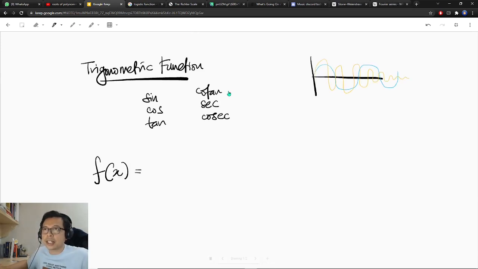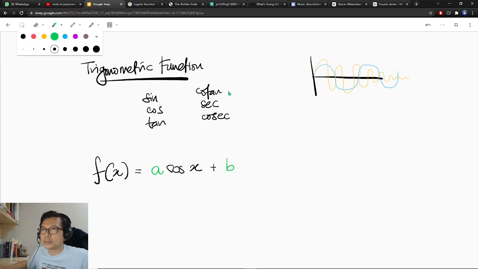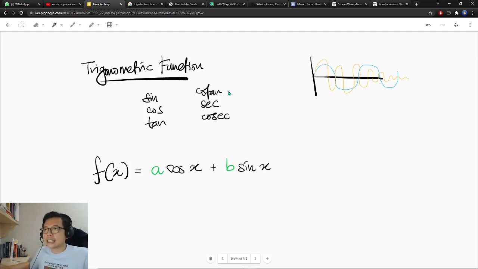If you have a function that looks like this, some coefficient a times cosine x plus b, some coefficient, times sine x. This is an example of a trigonometric function. Some coefficient times cosine x plus some coefficient times sine x.